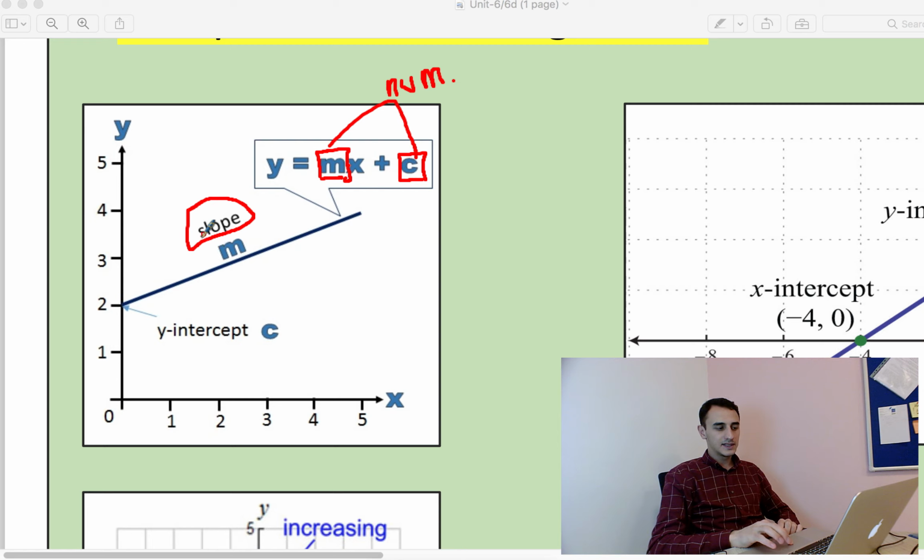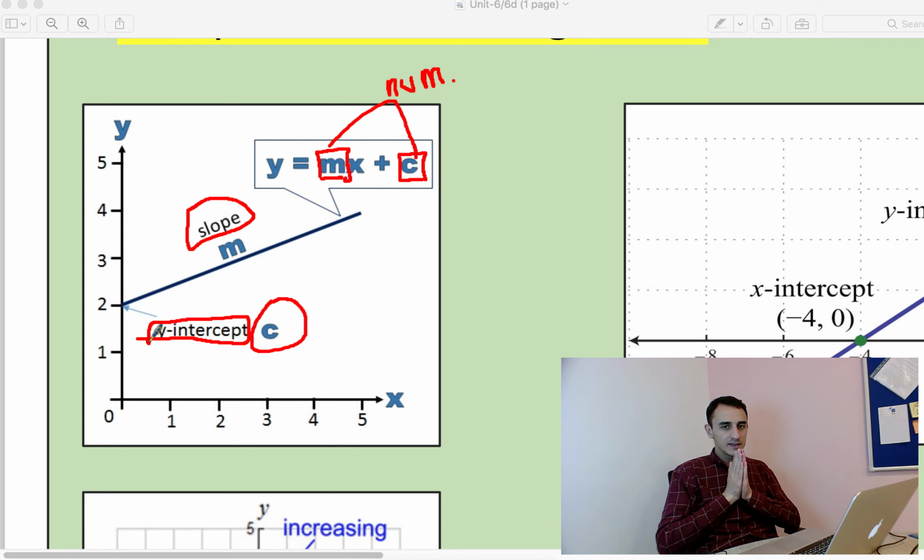This is M, this is steepness, and C. C is called y-intercept. The y-intercept means intersection with y-axis.